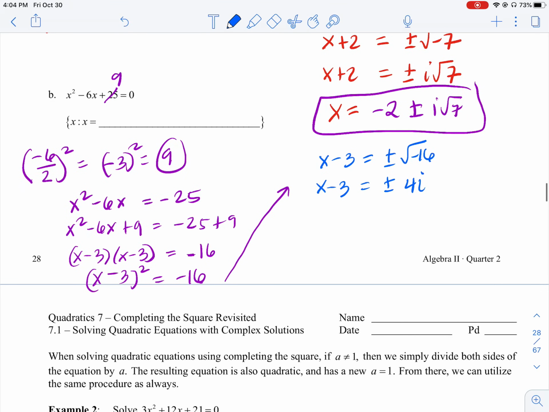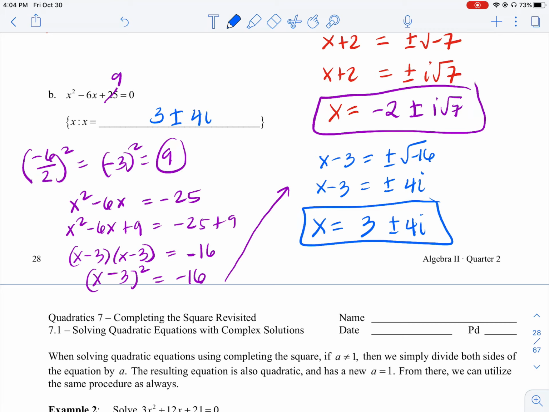And our last step, again, is to make sure that x is alone. So we have to add 3 on both sides. So this is x equals 3 plus and minus 4i. So 3 plus and minus 4i is our final answer.